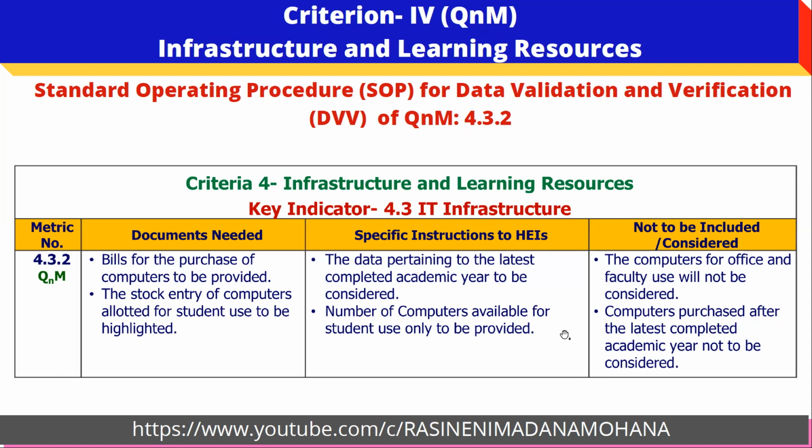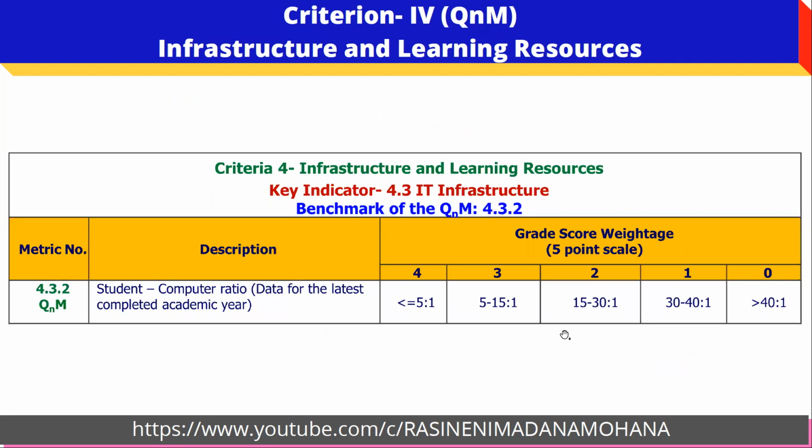Then coming to the benchmark for the student computer ratio. So what is the grade point you will get? If the student computer ratio is less than or equal to 5:1, you will get full grade 4.